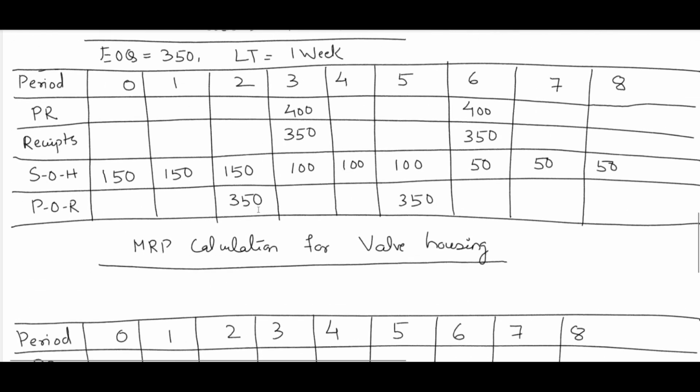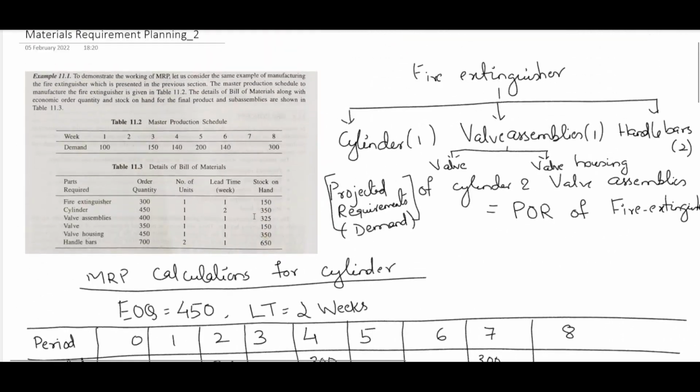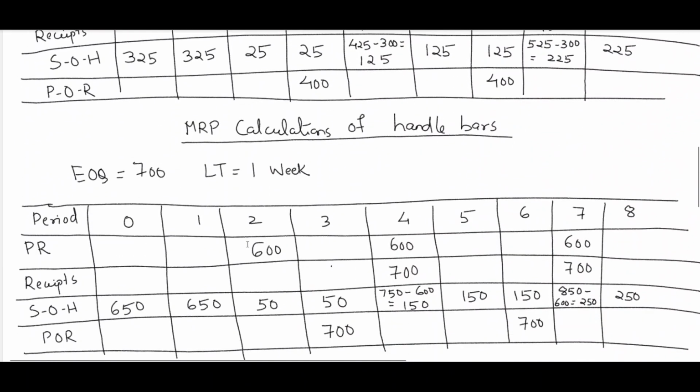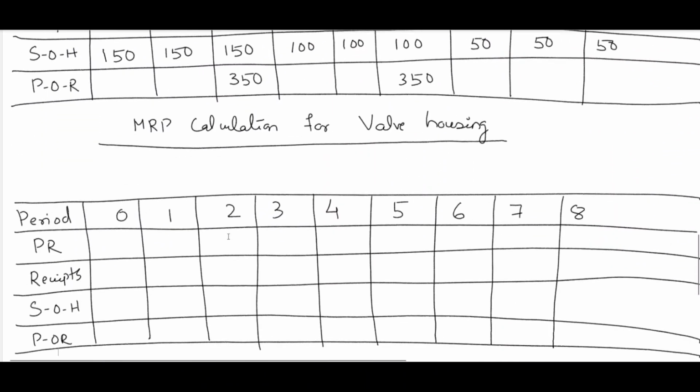If we go to the question for valve housing, the order quantity is 450, lead time is 1, and stock on hand is 350. So EOQ is equal to 450, lead time is equal to 1 week, and stock on hand is 350.